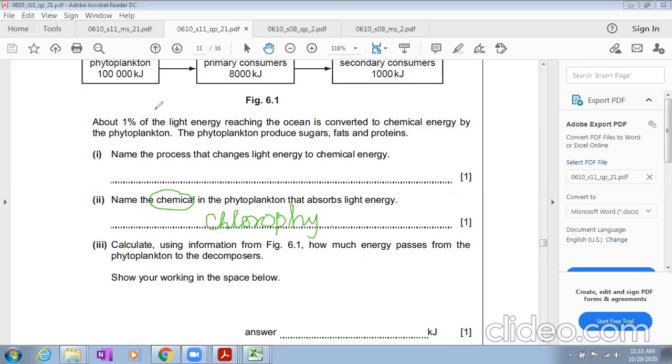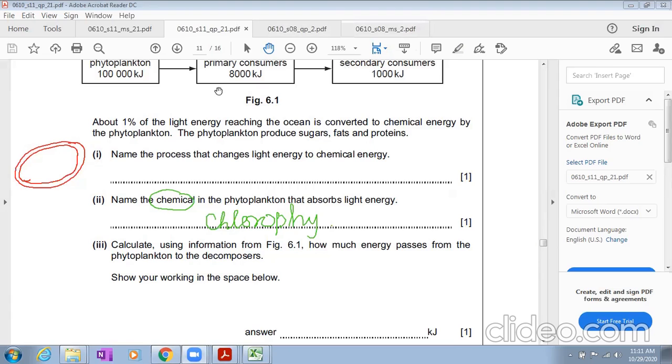This chlorophyll is a green pigment. Remember, boys, sometimes people confuse chloroplast and chlorophyll. Chloroplast is the organelle where the green pigment is present, and that green pigment is chlorophyll.